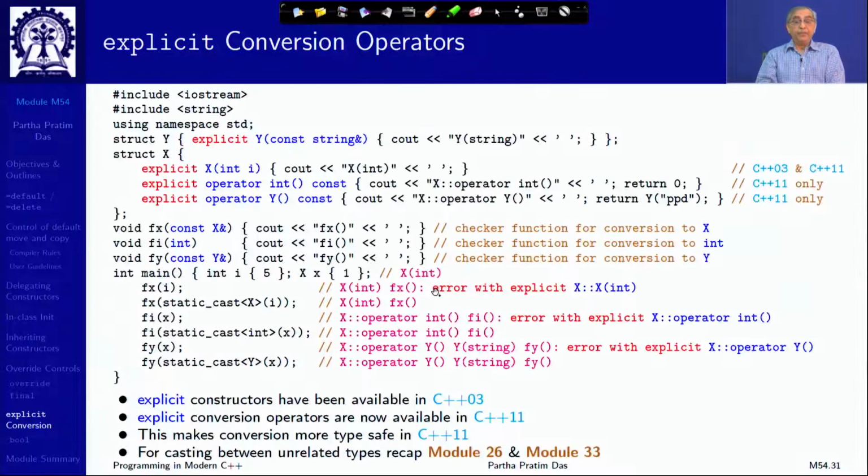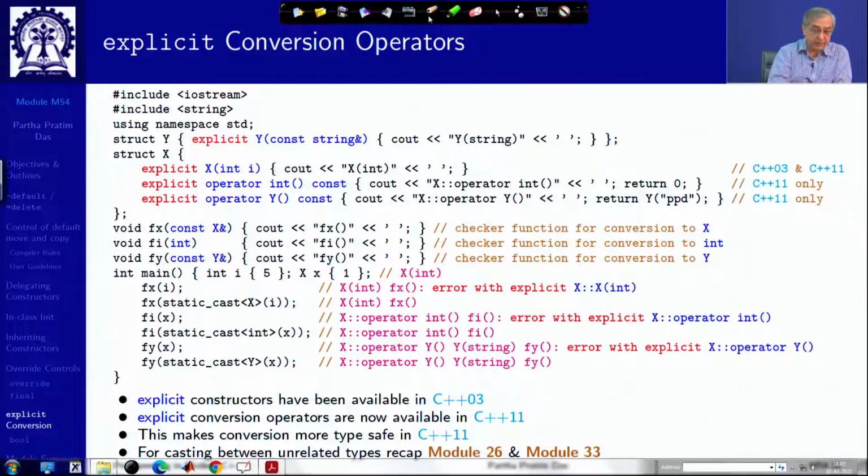Finally, in terms of typecasting, we have seen a lot of that in module 26 and module 33. We have seen that type can be cast by having a constructor or having a typecast operator. In terms of the constructor, we can make the constructor explicit to say that implicit conversion is not allowed. But in terms of the typecast operator, no such feature was there. So, if you convert by typecast operator, it will always be permitted.